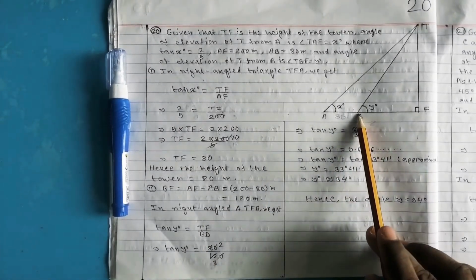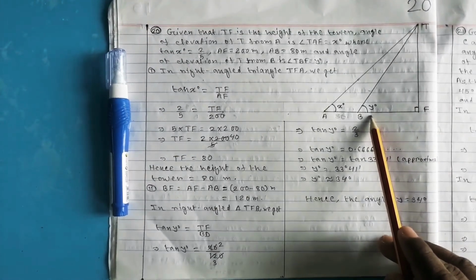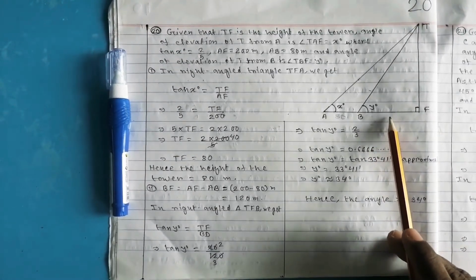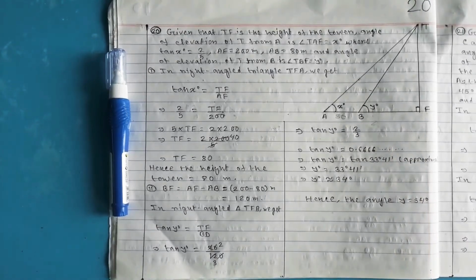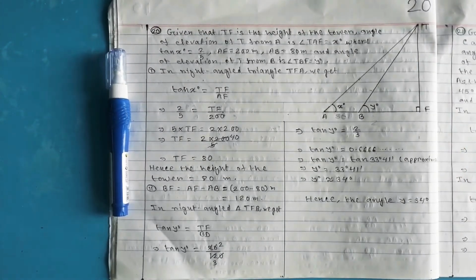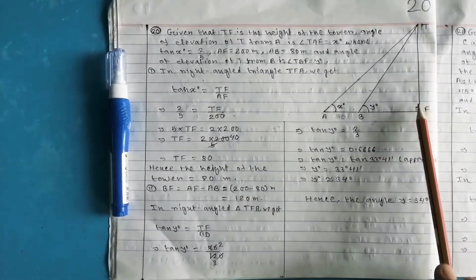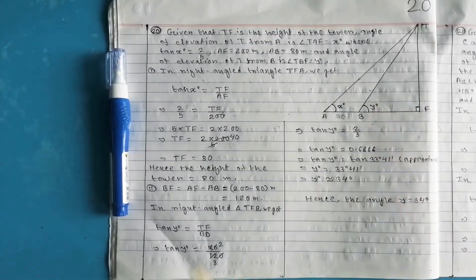From B the angle of elevation is given y degree. So you have to calculate the height of the tower TF, and the angle y correct to the nearest degree. These two things, height of the tower and the angle y, you have to calculate.